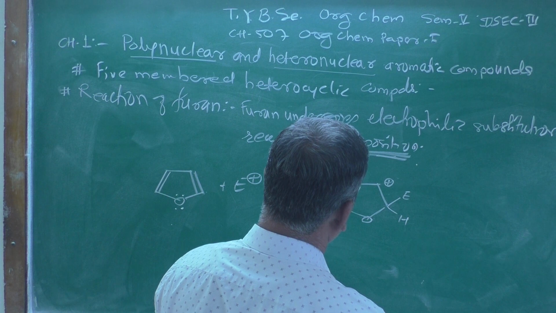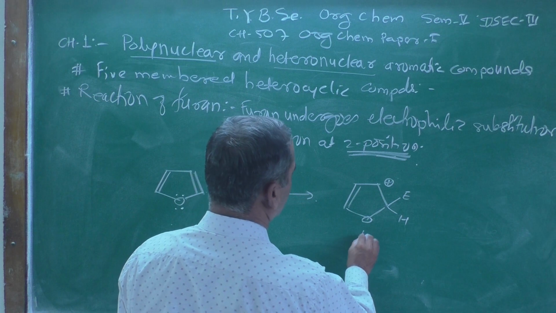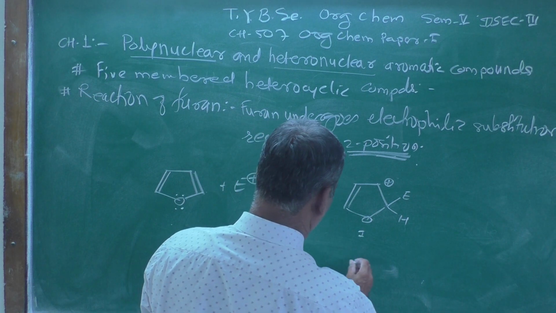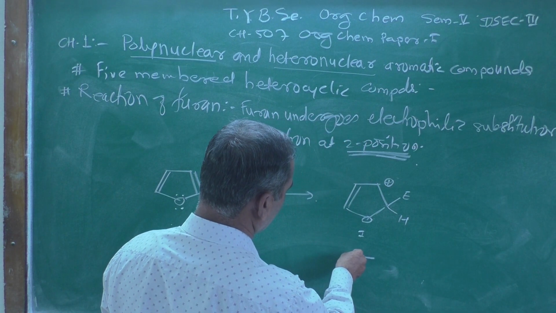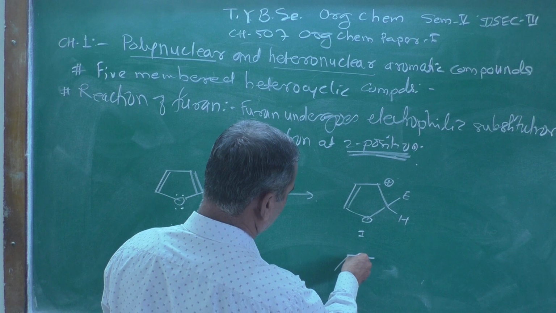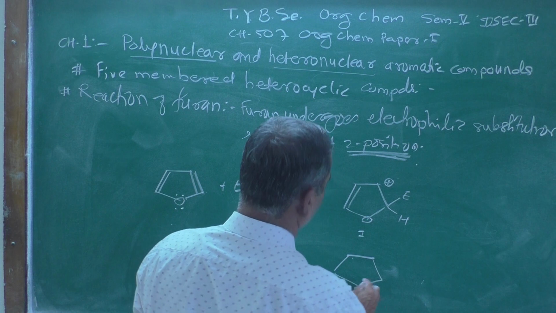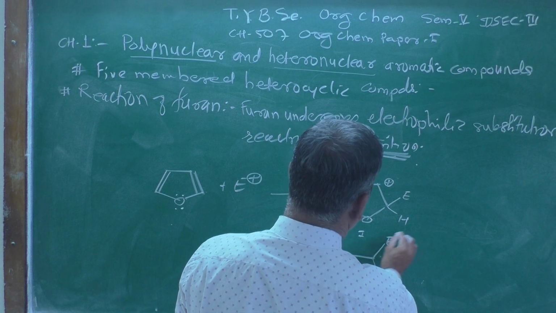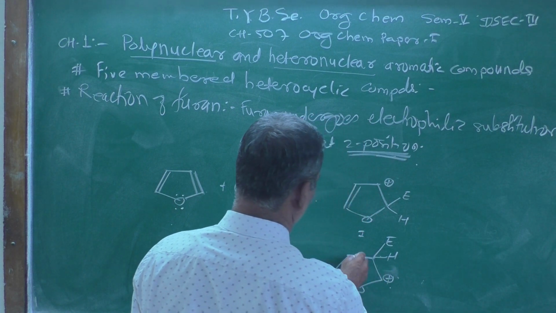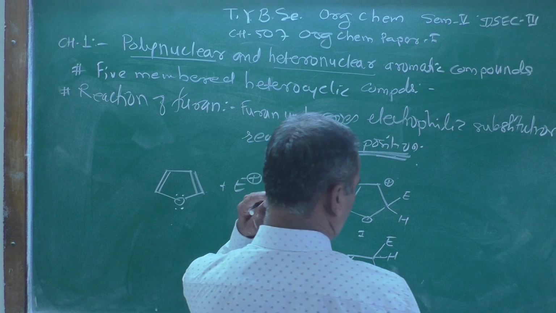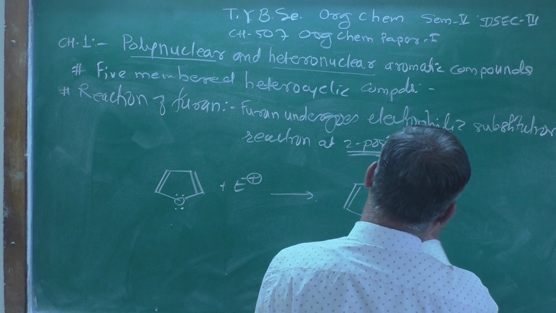Now, this is structure number one, and if the electrophile attacks at 3 position, let us assume the positive charge is at this position, and this is a transition state, or what we can call a sigma complex.